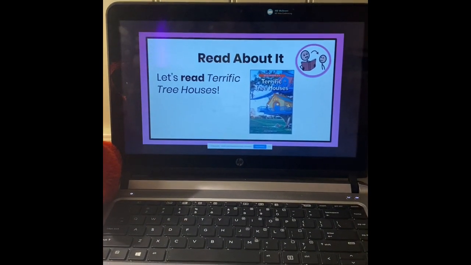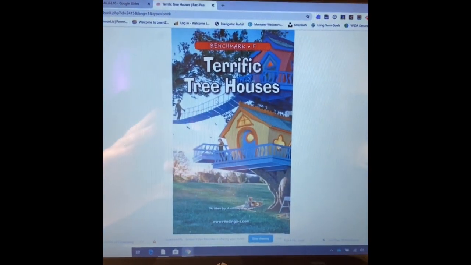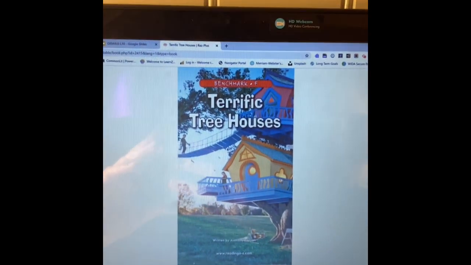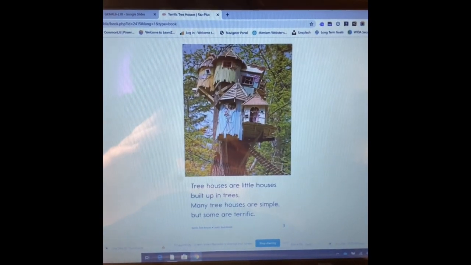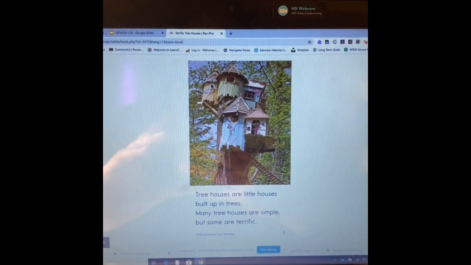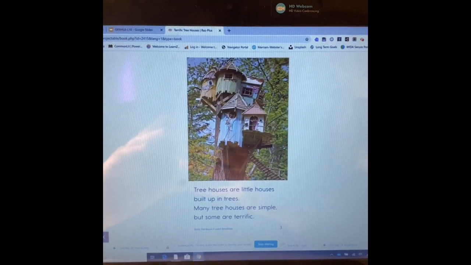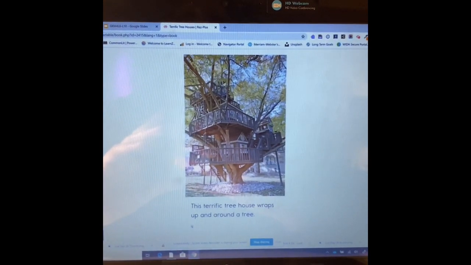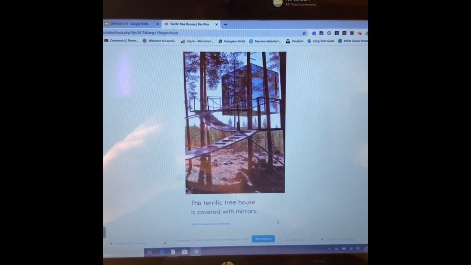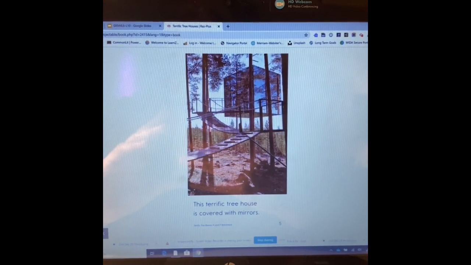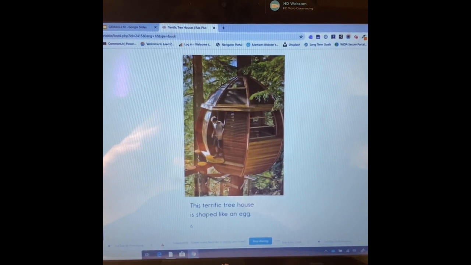First, let's read Terrific Tree Houses. Terrific Tree Houses, written by Anthony Karan. Whoa. Tree houses are little houses built up in trees. Many tree houses are simple, but some are terrific. This terrific tree house wraps up and around a tree. This terrific tree house is covered with mirrors. This terrific treehouse is shaped like an egg.